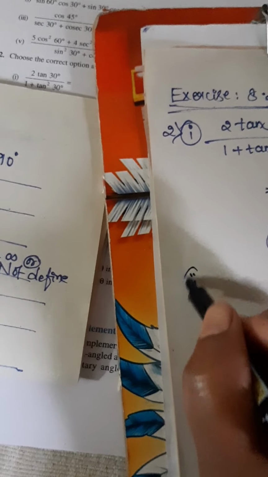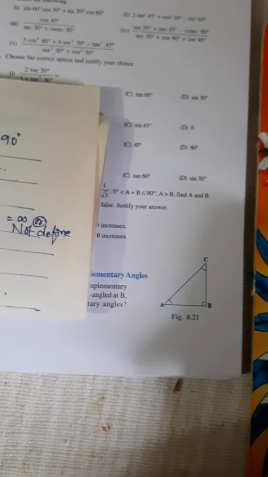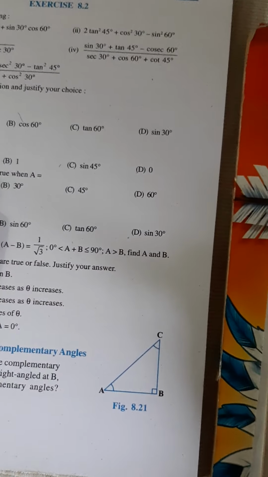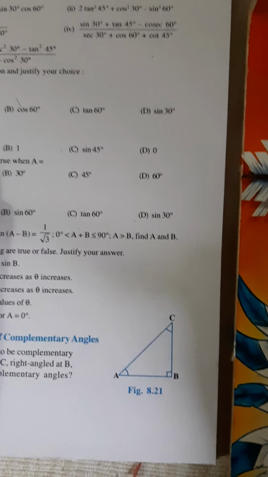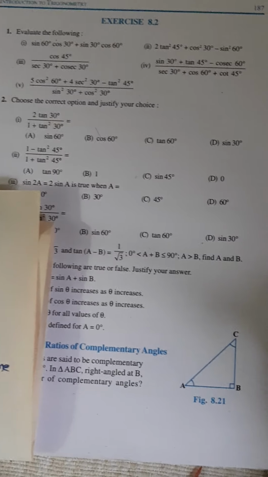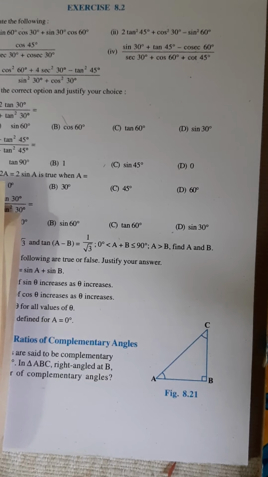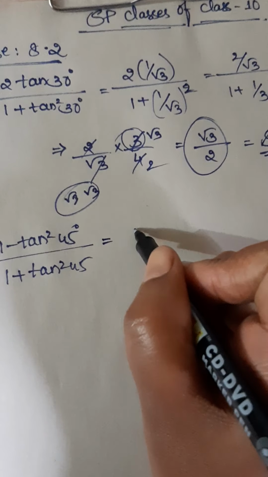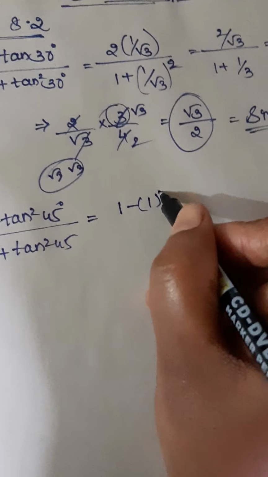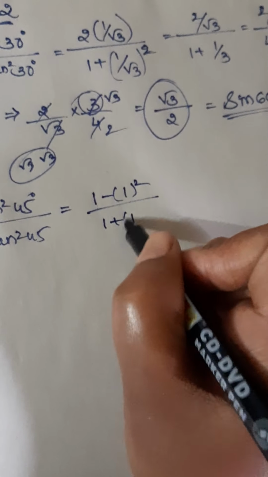In the second question, that is 1 minus tan square 45 degree divided by 1 plus tan square 45 degree. So here tan 45 degree is 1, so 1 minus 1 square over 1 plus 1 whole square.